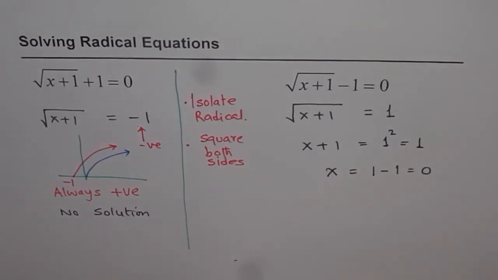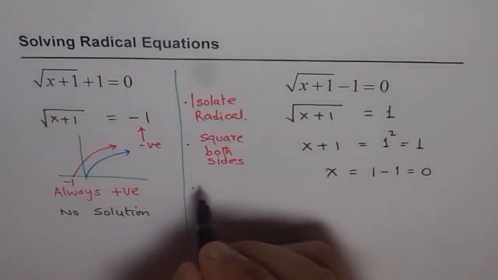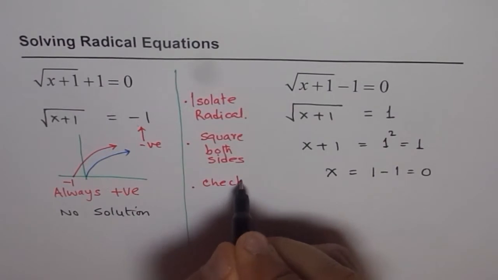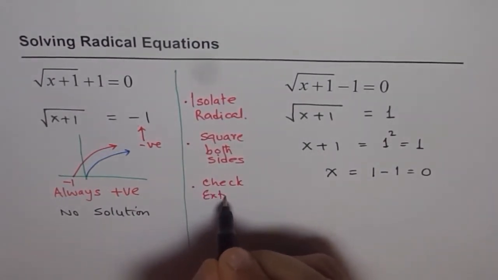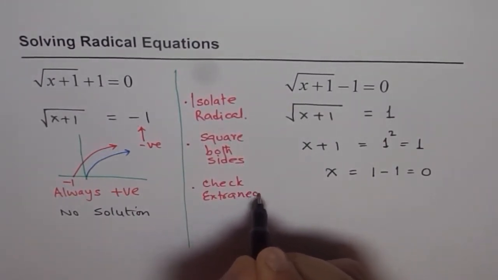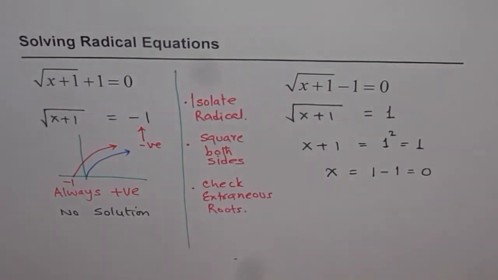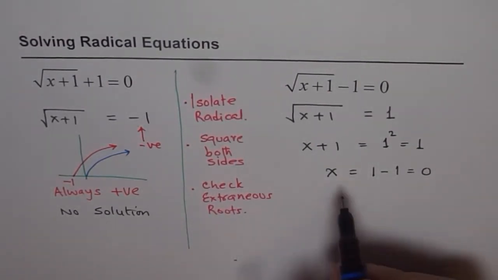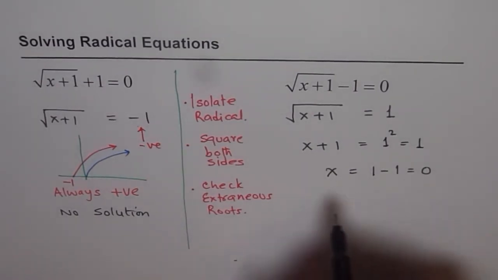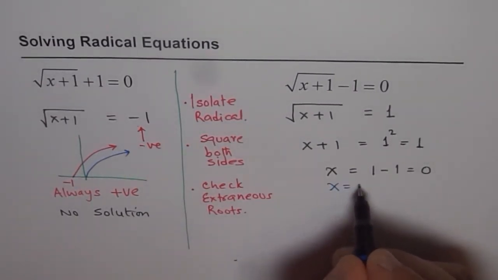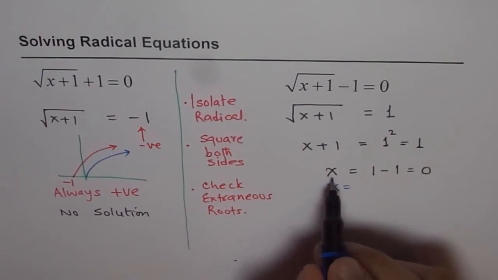So once you get your answer, what you should also do is check for extraneous roots. That is to say that now we get a solution, x equals to 0.